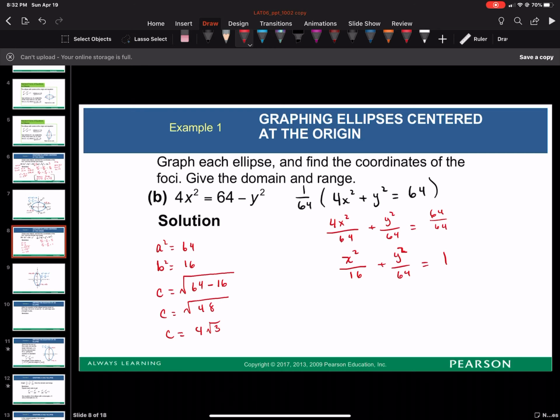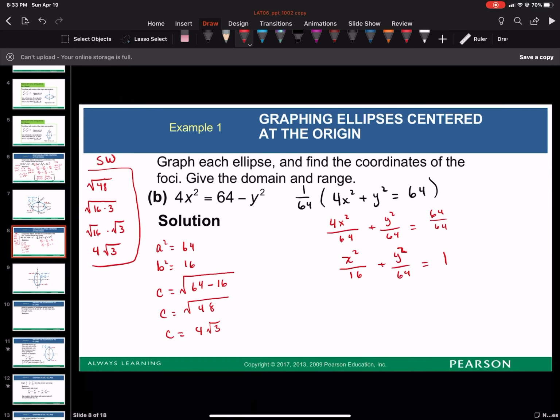Now, if you're trying to figure out how we got the square root of 48, I'm going to write it over here to the side. So we got 48. Then we can say 16 times 3. Then it is the square root of 16 times the square root of 3. Then the square root of 16 is 4. So it's 4 times the square root of 3. That's how we got 4 times the square root of 3. And this is just side work.